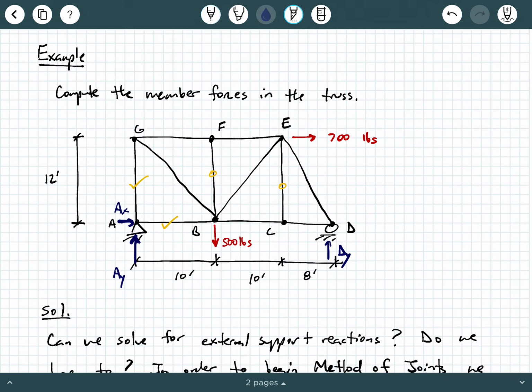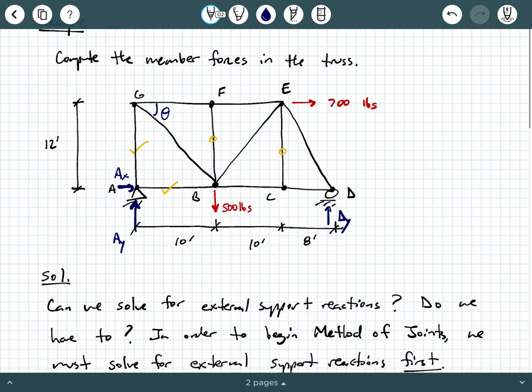Now, we also need to get some information about this angle. We don't have it directly, but can we get it? Yeah, absolutely. We can use the fact that we have these dimension lines here. We could take an arc tangent if we want. We got a couple of options. So if you notice, we have 12 and 10. So that's not really a very nice slope ratio, is it? I would just say, let's call this angle theta right here.